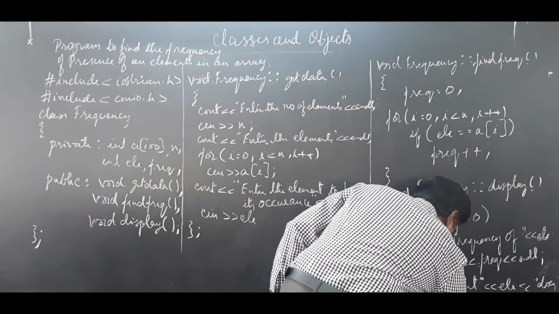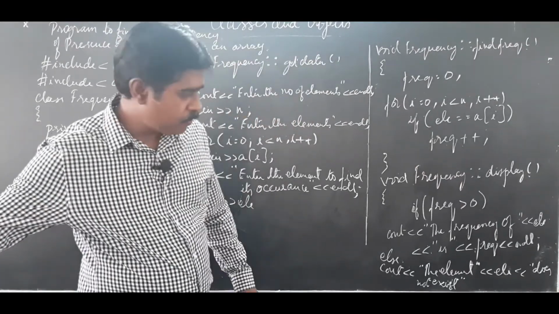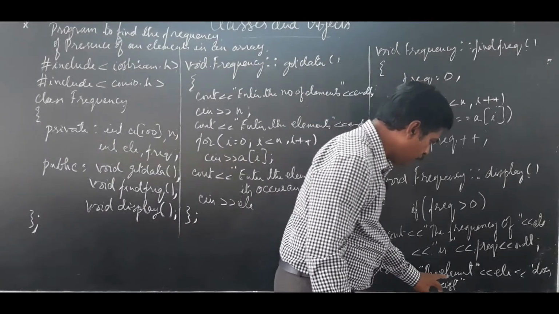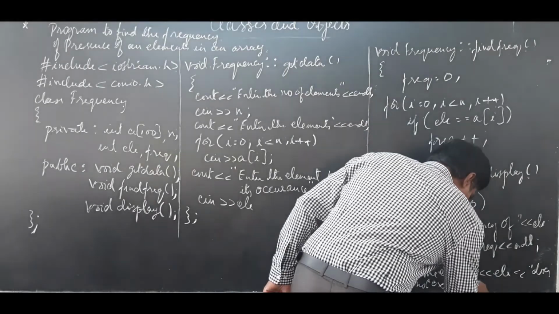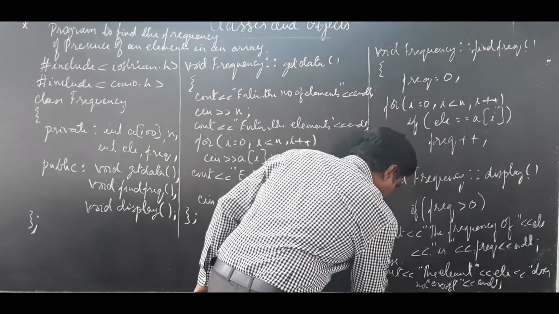So this will be the else. So the else part will be Cout, the element ELE does not exist. Then I may take endl or not. Here the program ends.